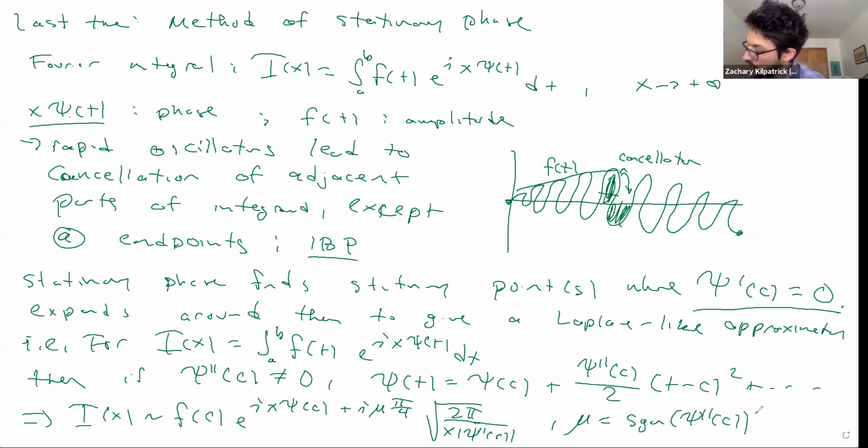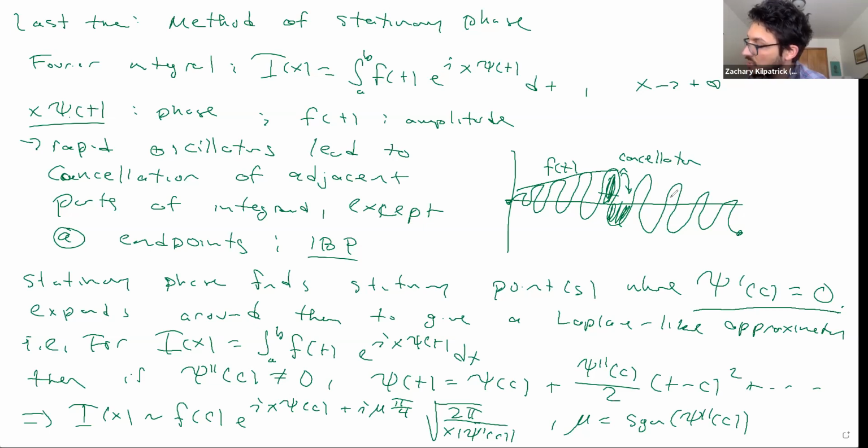Okay, so you see here this idea of Taylor expanding the amplitude around the point c and Taylor expanding your phase function psi around c. And then you have to perform some contour integration, or there are other ways to get this integral involving the i times t squared terms here. Okay. So this is the idea.